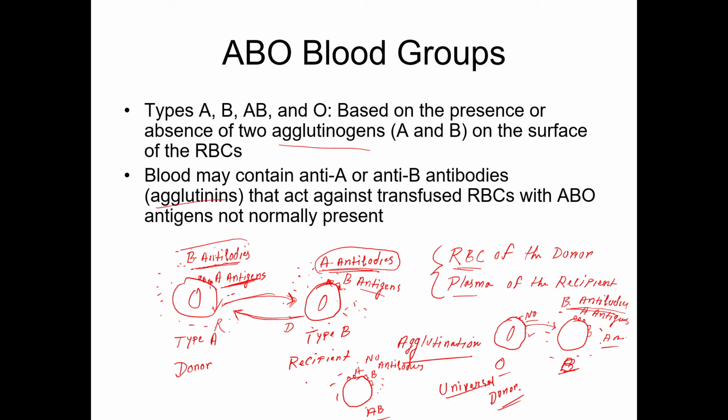So whatever the blood goes to this blood, if this is A, for example, on the surface of these red blood cells you have A, right? But since in the plasma no antibodies, when this red blood cell will enter, nothing will get attached here, right? So it is safe. B can also go there. You have B antigens here, but since no antibodies in the plasma, any type of blood can be given to AB.